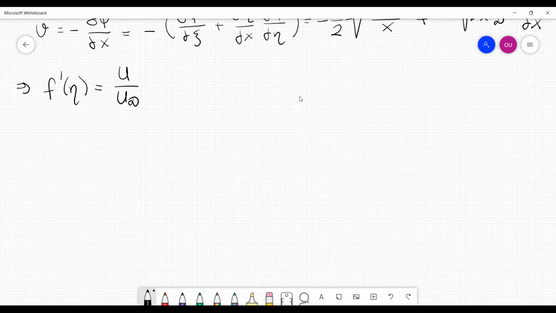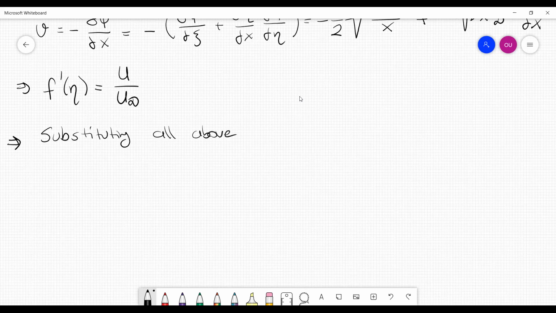Wherever I see du dx or du dy, I will make use of this f function, or basically the stream function definition, and then insert these terms into the x momentum equation. So substituting all the terms we got so far into the x momentum equation, it looks something like this.